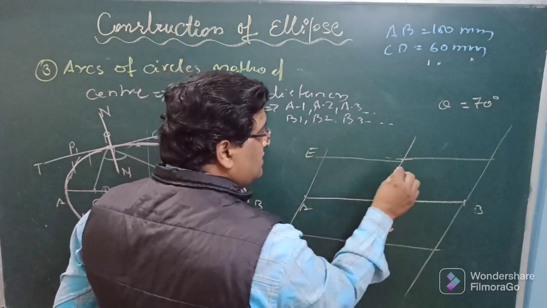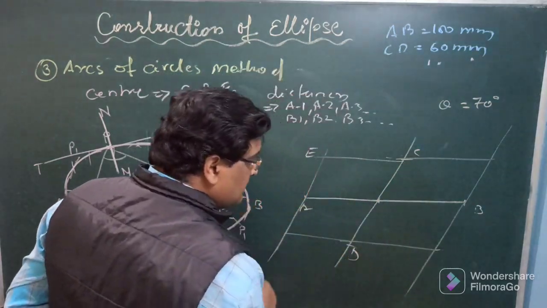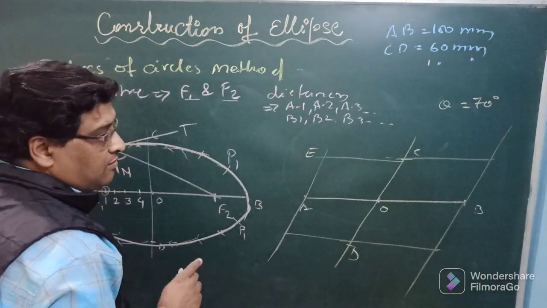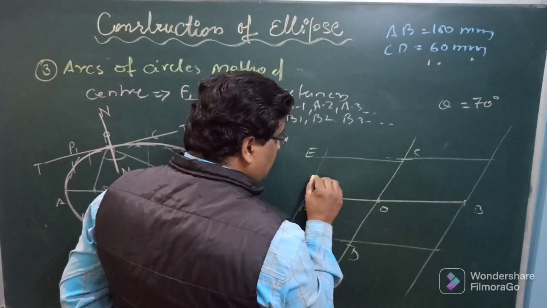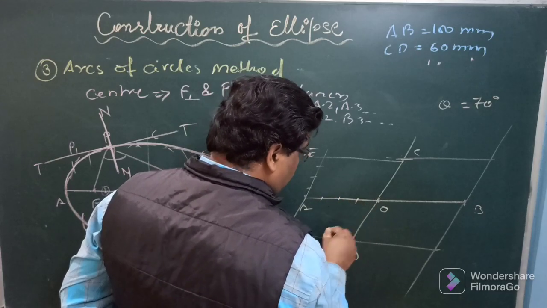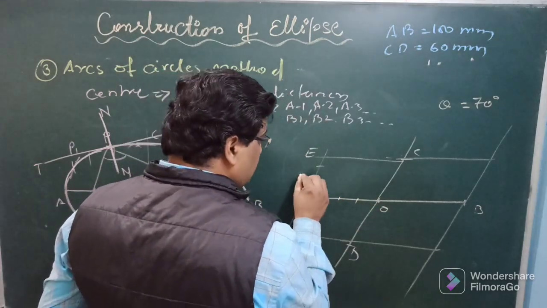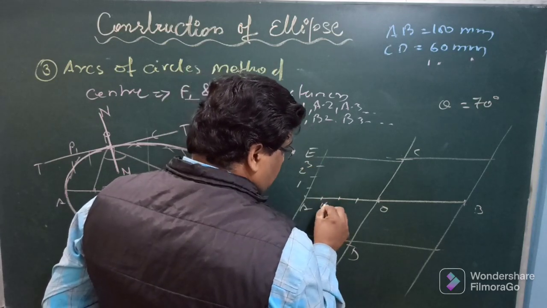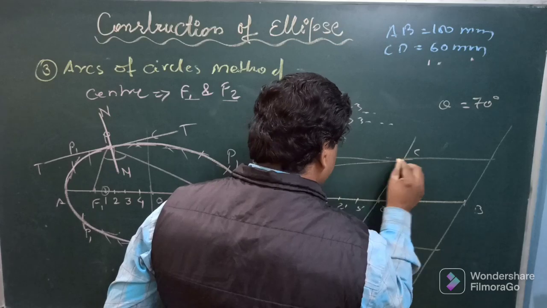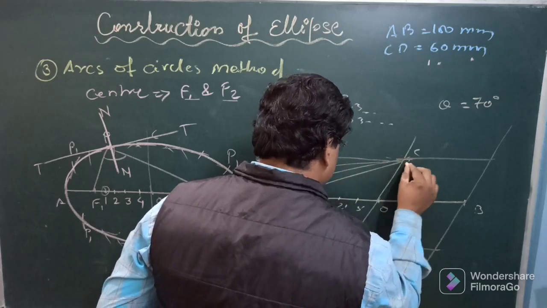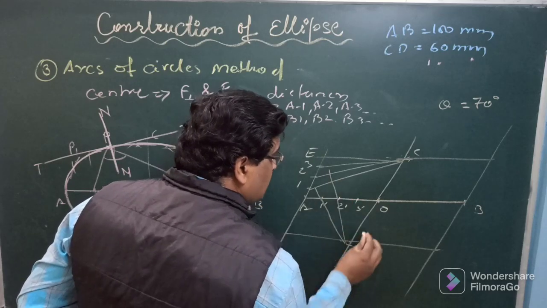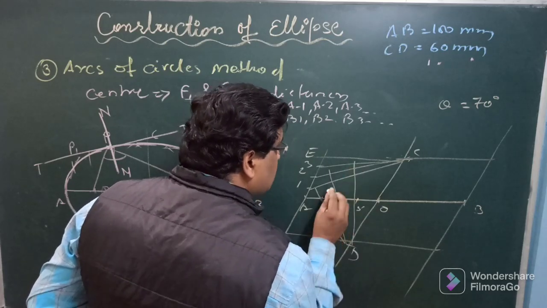So this will be E, this is C, this is D, in the similar fashion as we have done in the rectangular oblong method. Then the method is same, divide this line and this line into 4 equal divisions. This will be 1, 2, 3, this will be 1 dash, 2 dash, 3 dash. Join these points with C and join these points with A and extend, just like we have done in the previous case.